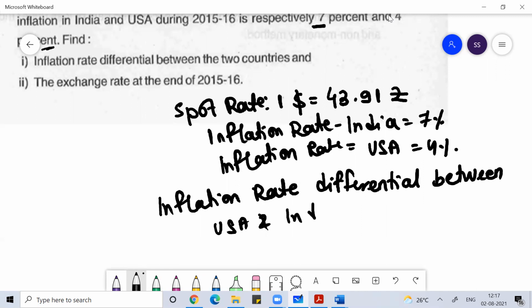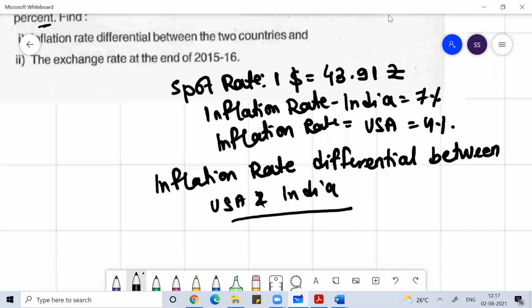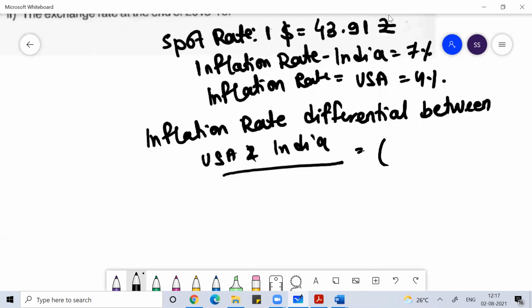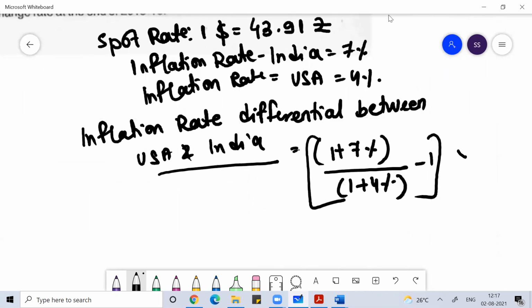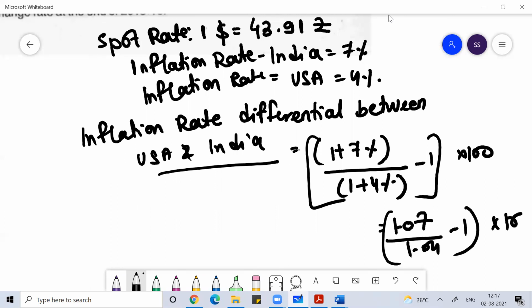So it all works on the purchasing power parity model. The inflation rate differential would be 1 plus 7% divided by 1 plus 4% minus 1, into 100. So this will be 1.07 divided by 1.04 minus 1, into 100.